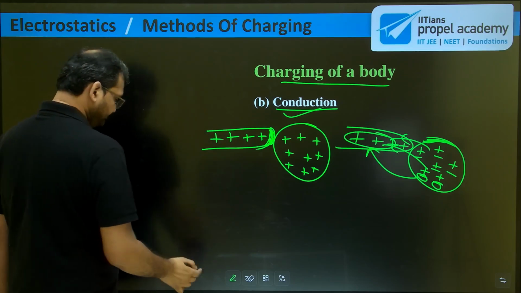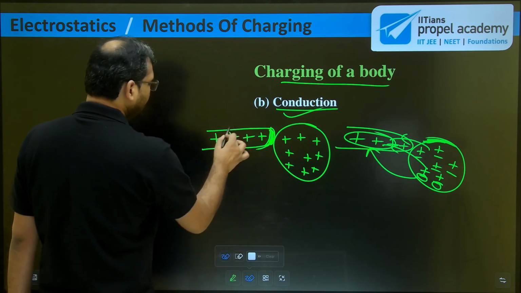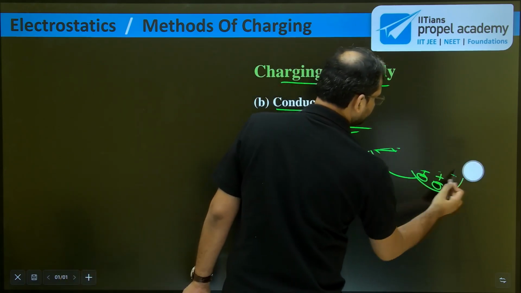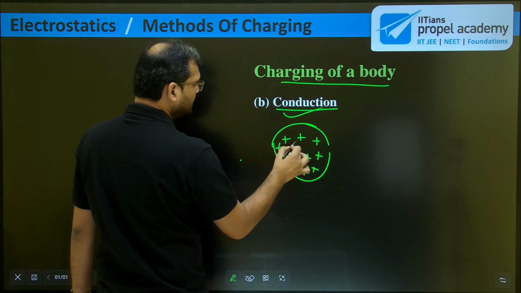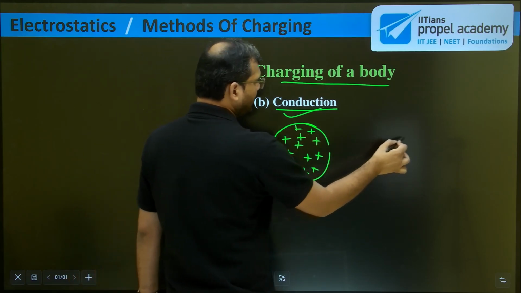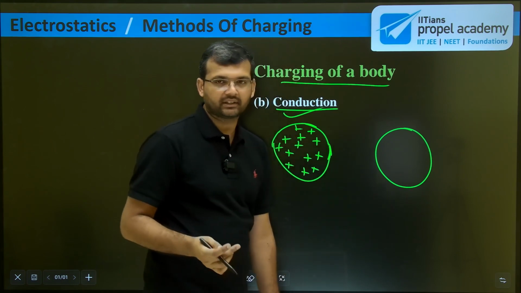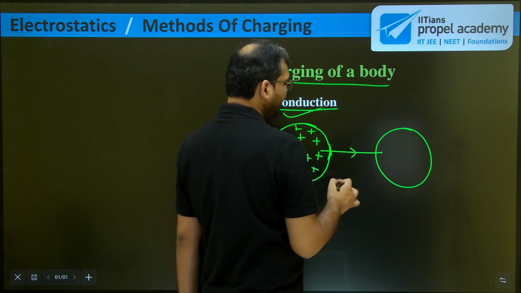And now, what you can do is, you have a positively charged body like this. Take one more neutral metallic body where you have both positives and negatives, and connect it with a conducting wire.